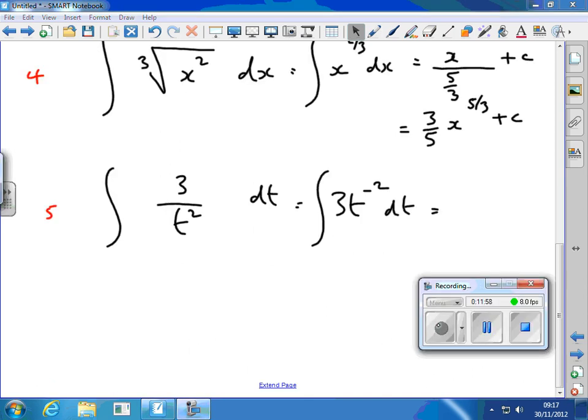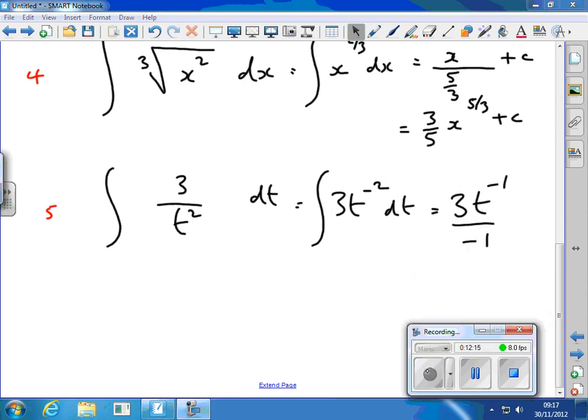So with this number 5, the first step is to bring the t up to the top and call it t to the minus 2. And so now add 1 to the power. Minus 2 plus 1 is minus 1. And divide by the new power, which is minus 1. So it becomes 3t to the minus 1 over minus 1 plus c.